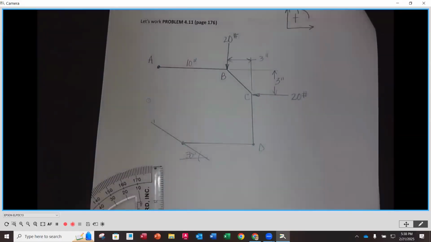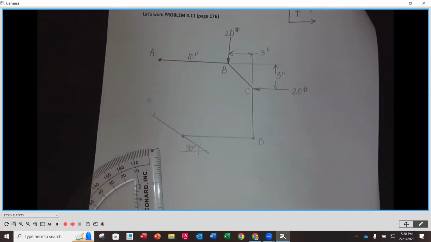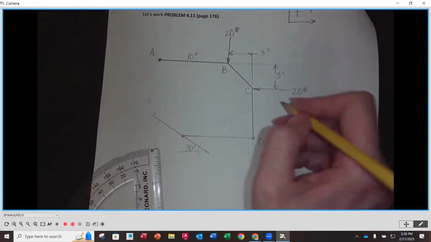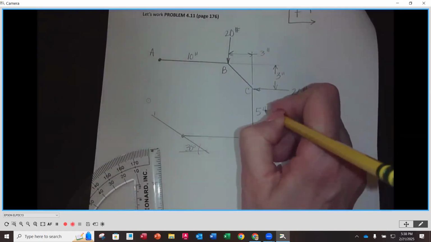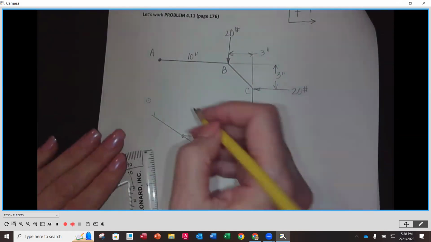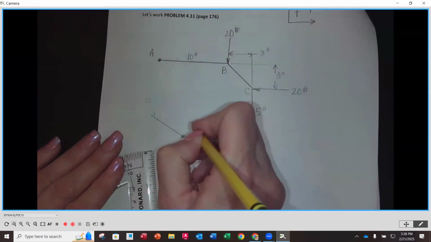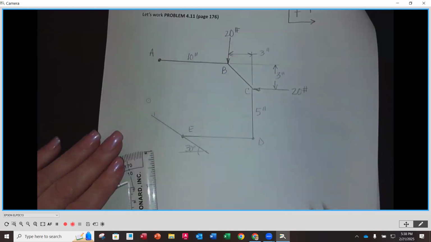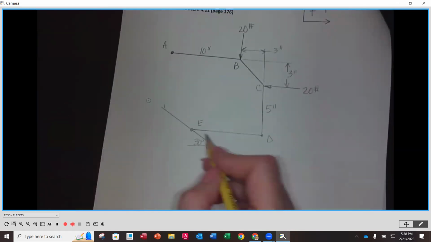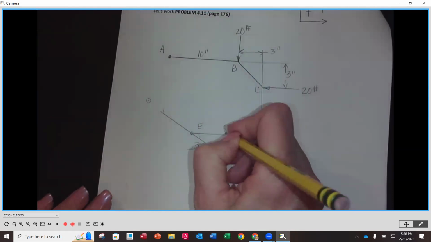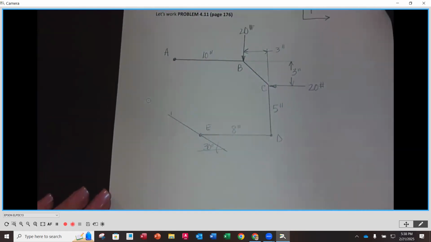Doesn't look like a 45-degree angle, but that's what it is. And then from C to D is 5 inches. And this is point, put it here, I think that'll work. From E to D is 8 inches. And I think those are all the dimensions that were given.